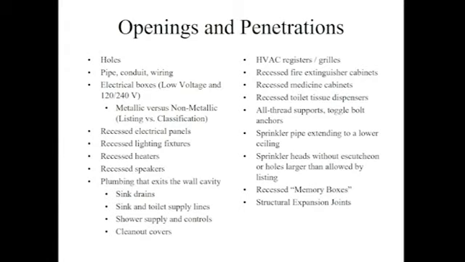Recessed lighting fixtures, that's a huge issue. You have so many recessed cans and other fixtures that put holes into a rated assembly, and there's very few of them that are actually fully rated. There's a lot of new products on the market now that our firm especially is using a lot of: LED surface-mounted fixtures where the driver and the electrics will actually go into a 4x4 box in the ceiling.